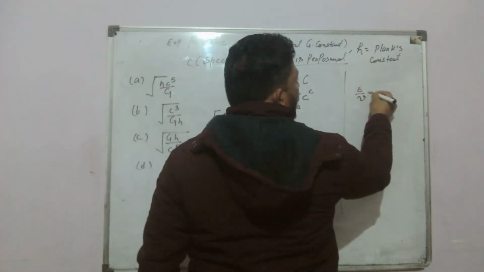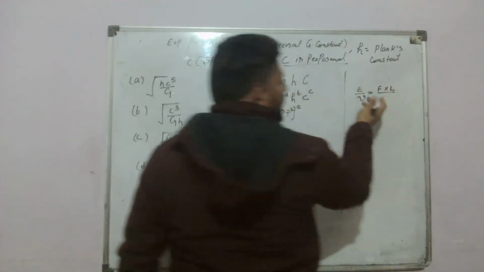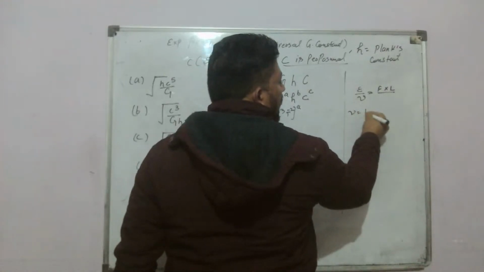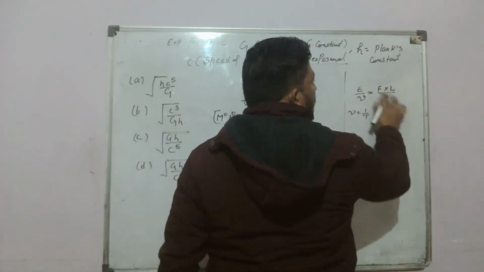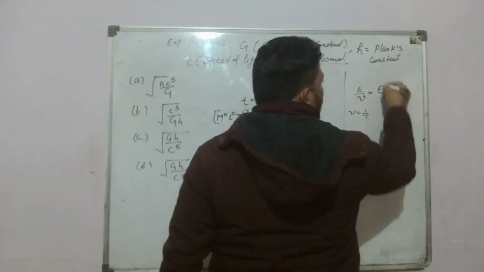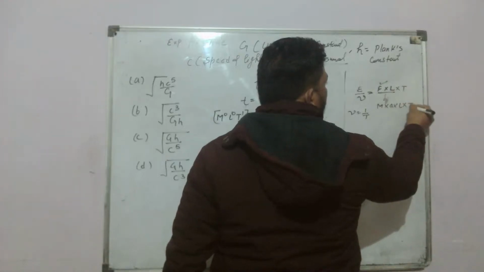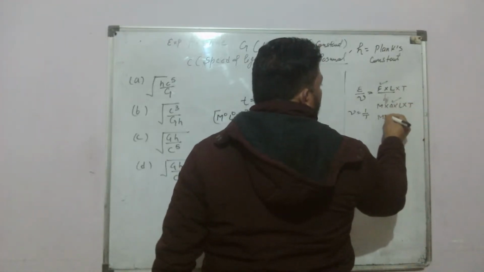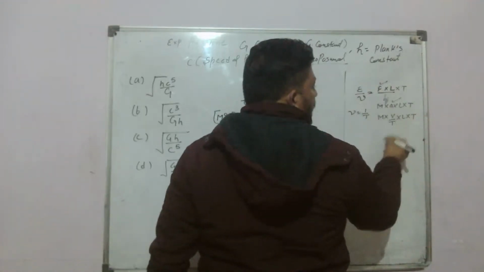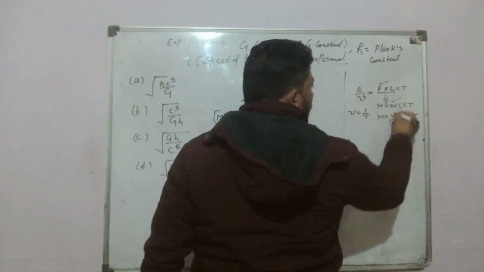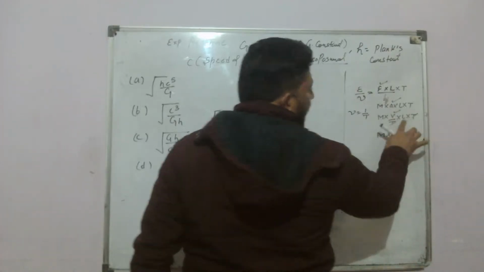Energy means work, which is force into displacement, and frequency is the reciprocal of time period, so T goes up, multiplied by T. So F into L into T is M into A into L into T. Now solve A: M into V upon T multiplied by L multiplied by T, so T cancels out.